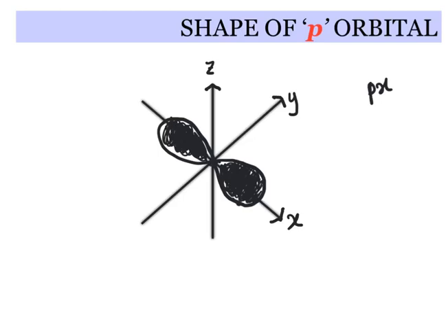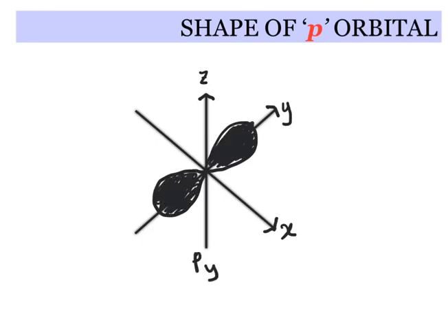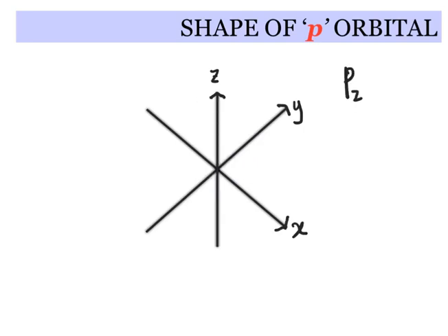Let's continue to sketch the Py orbital. On the y-axis, we draw a loop. Shade the area inside the loop to hide the y-axis. So we have finished sketching the Py orbital. Let's sketch the Pz orbital.